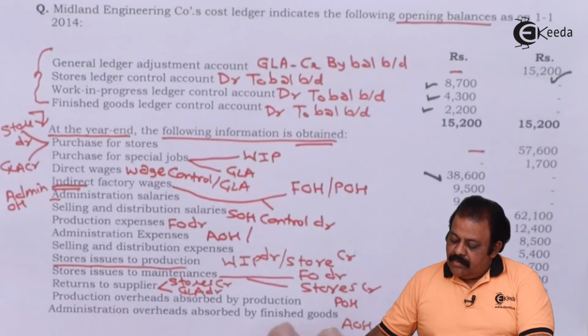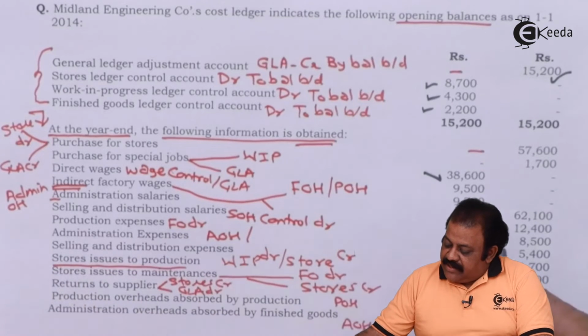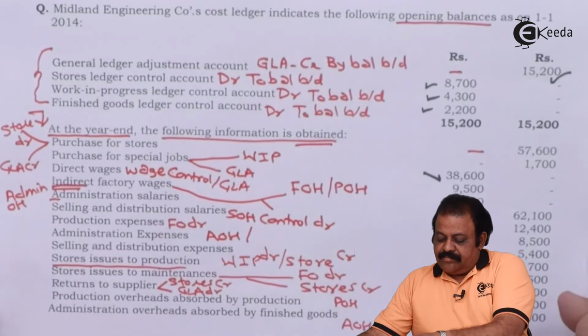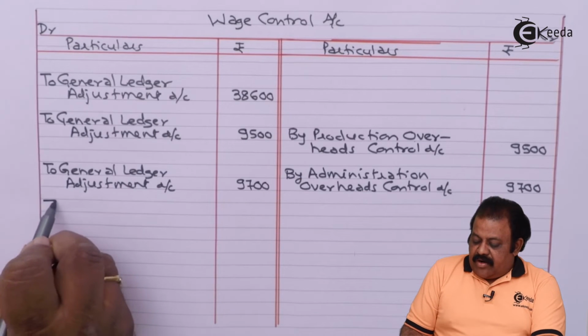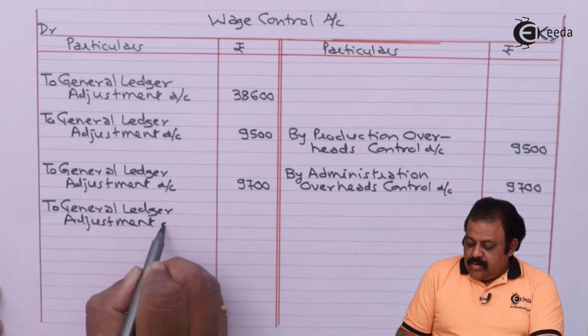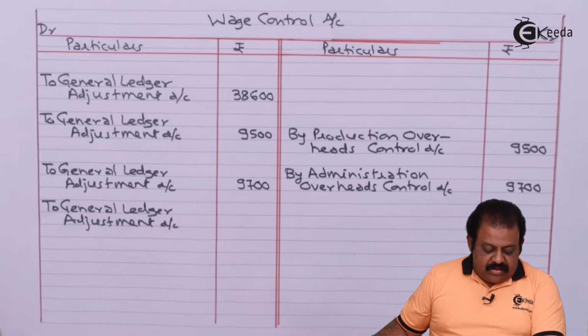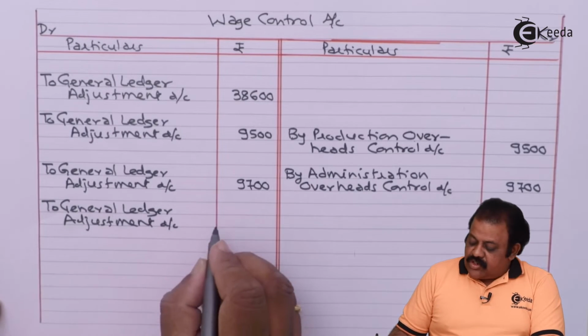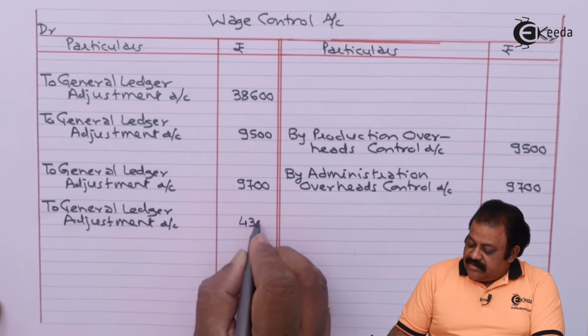Selling and distribution salaries 4,300. In wage control it will be recorded to the debit to general ledger adjustment account. Selling and distribution salaries 4,300.